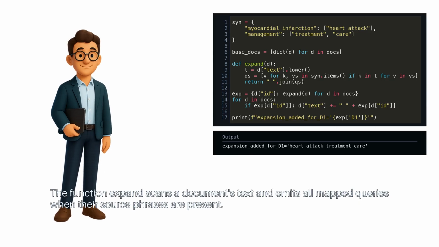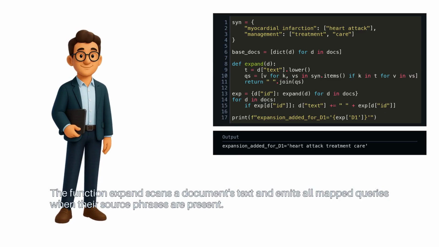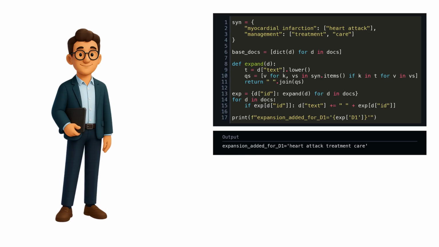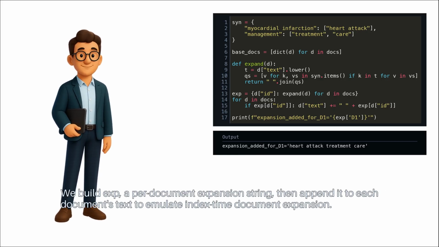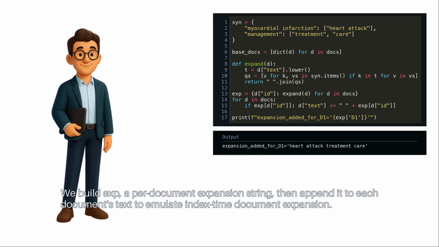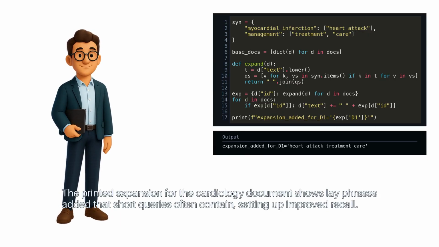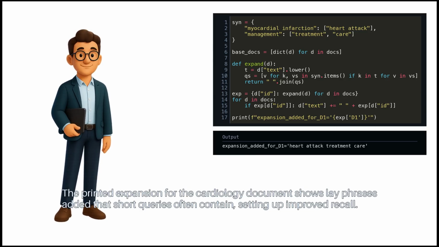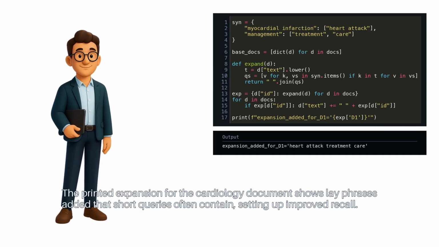The function expand scans a document's text and emits all mapped queries when their source phrases are present. We build exp, a per-document expansion string, then append it to each document's text to emulate index-time document expansion. The printed expansion for the cardiology document shows lay phrases added that short queries often contain, setting up improved recall.